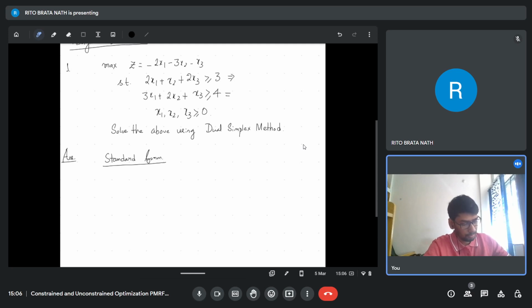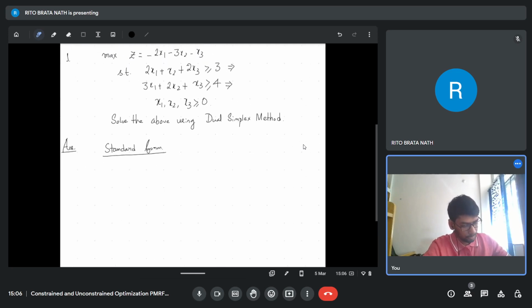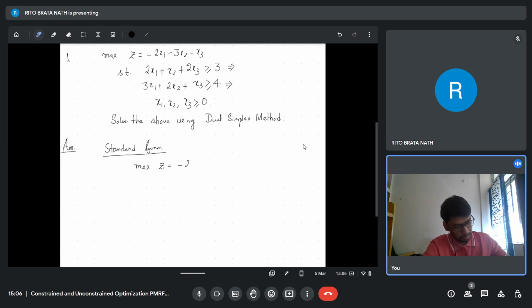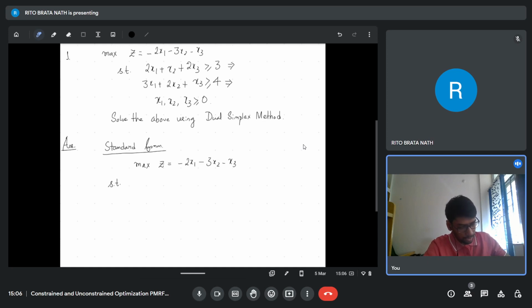First you have to convert this into less than or equal to type constraints. This is max of z equals minus 2x1 minus 3x2 minus x3. There will be some terms added to it, but I'll come to this later. First write this in terms of less than or equal to constraints. So this will be minus 2x1 minus x2 minus 2x3, and this should be less than or equal to minus 3. We'll add one slack and make it equal to minus 3.